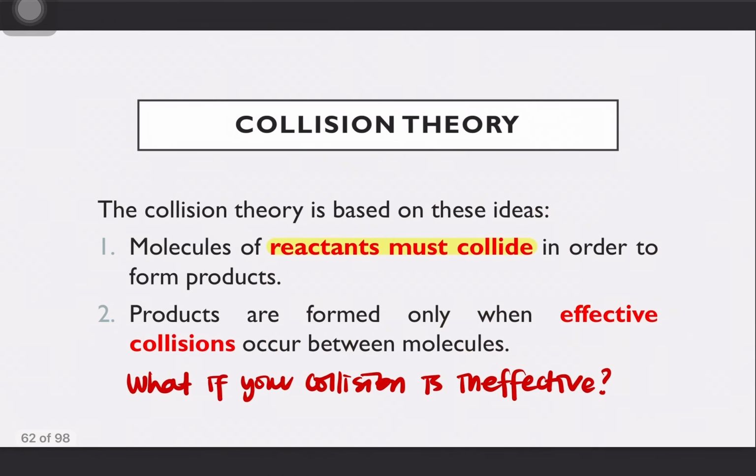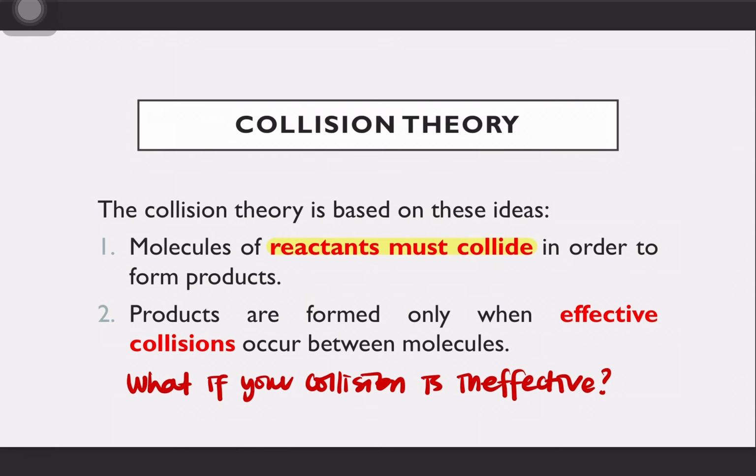Okay, so collision theory. Collision meaning when things hit, atau pelanggaran. It is based on these ideas. Firstly, your molecules of reactants must collide in order to form products. Your reactants must collide with each other.